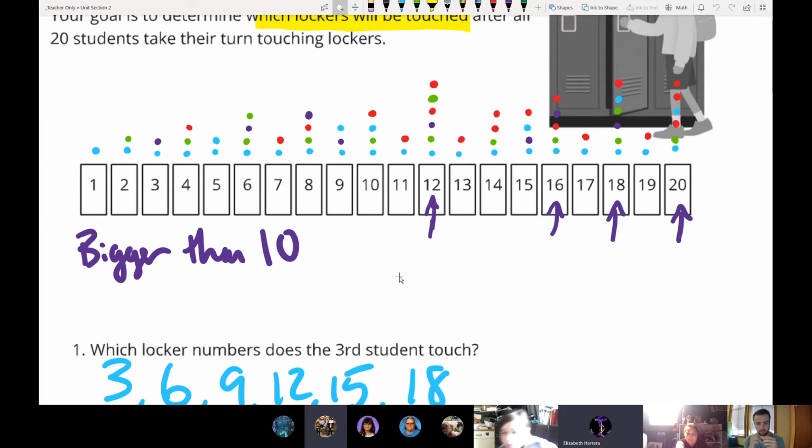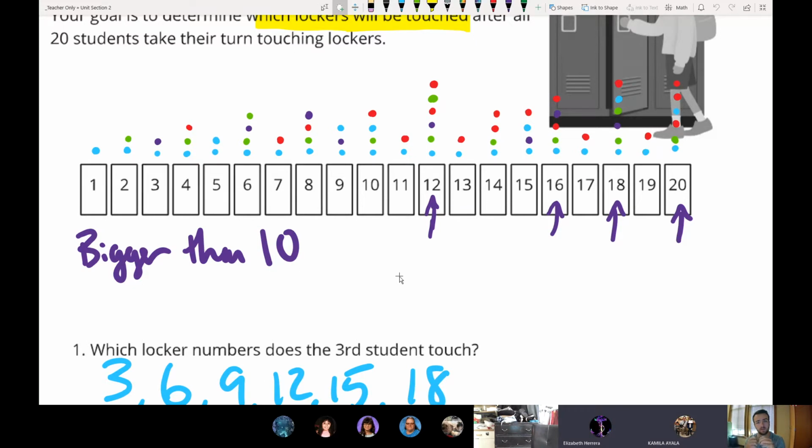Okay, Camila, are they even or odd? The first number, the one. So 12, 16, 18, 20. Are those even or odd numbers? 12 is even. Okay. 16 is also even.